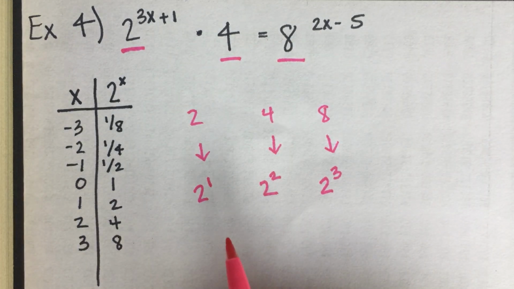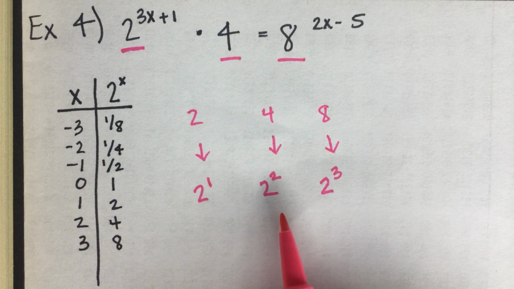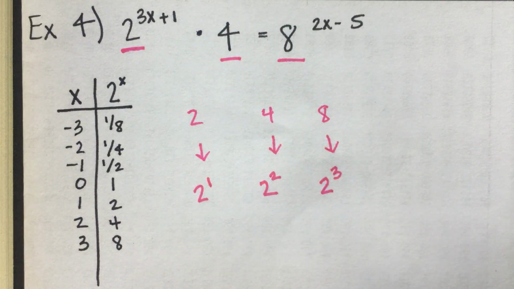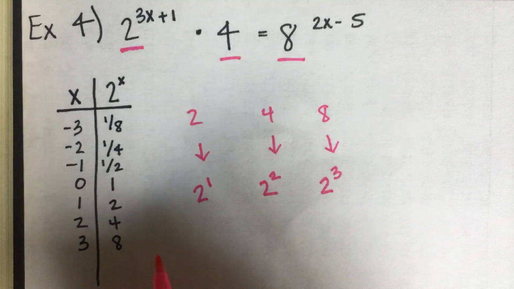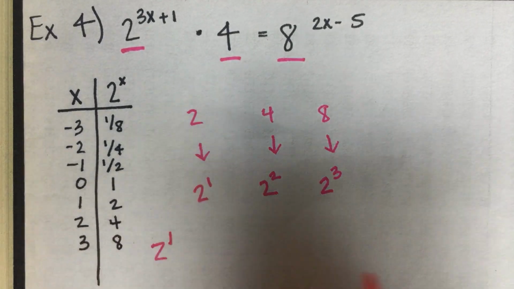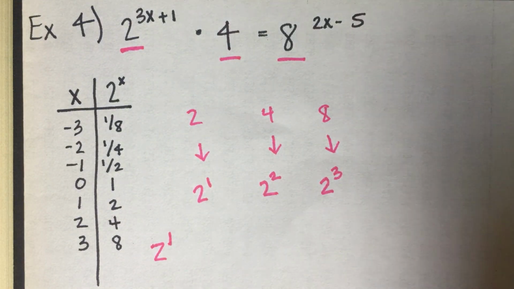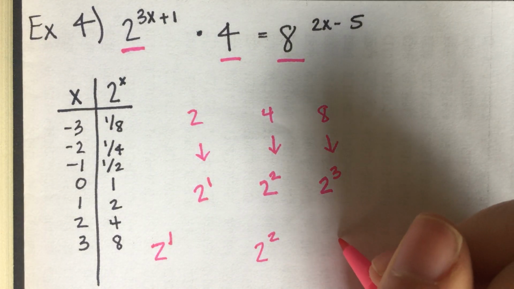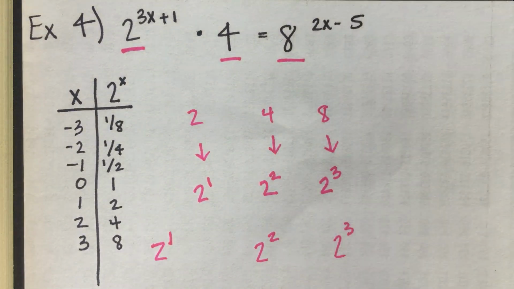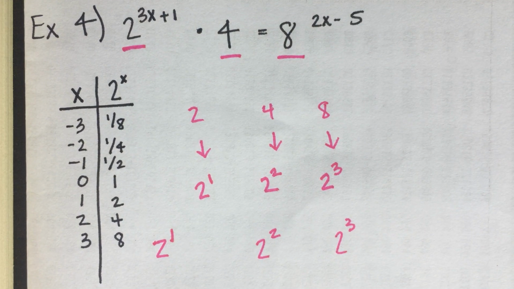Now, once we have changed these bases, we need to substitute back into our original equation. So that 2 is replaced with 2 to the first power, and 4 is replaced with 2 squared, and 8 is replaced with 2 cubed. And we're going to just drop in all of our exponents from above.